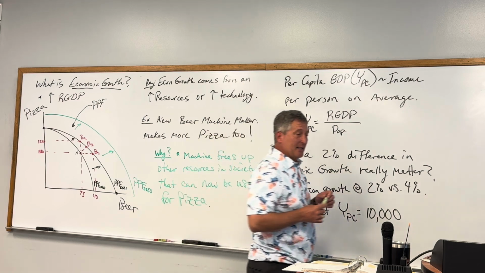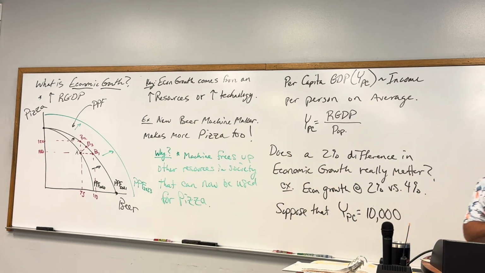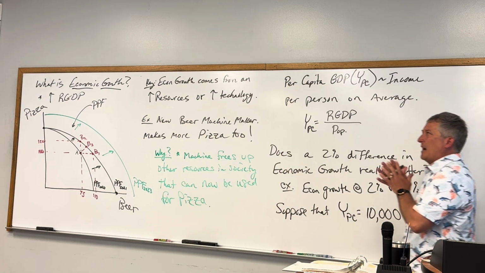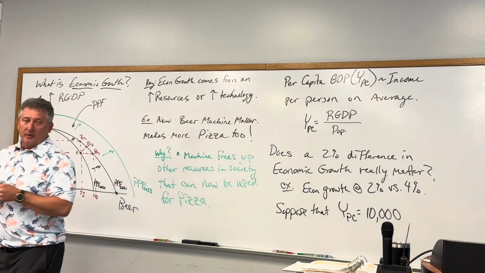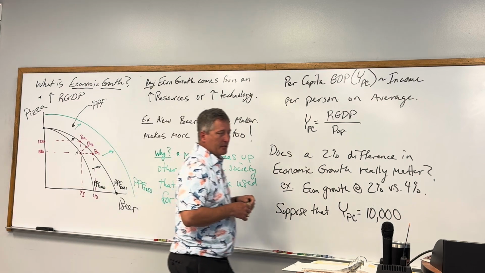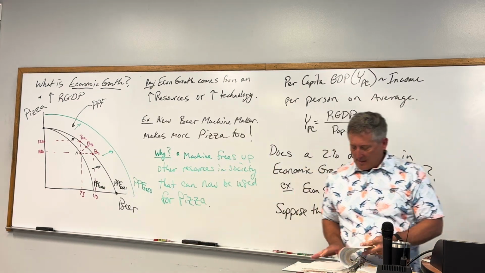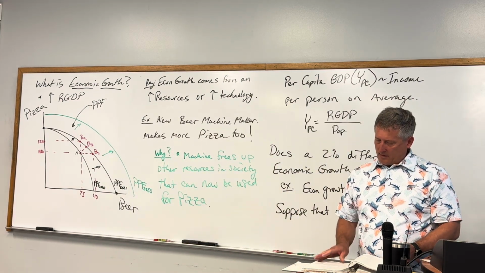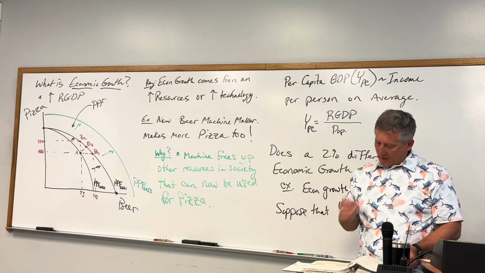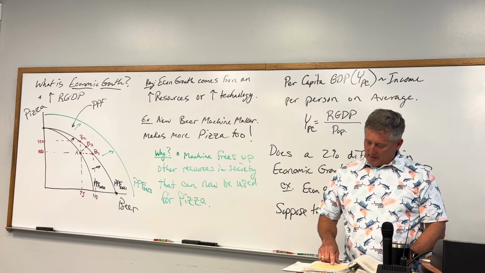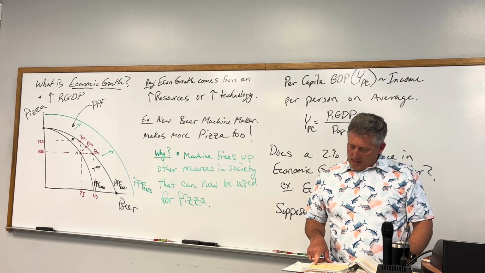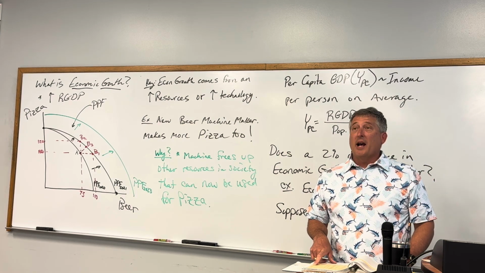Which is about what it is in China, by the way, right now. China and India, they might be a little higher than that, 14,000 or something, but in other places around the world, we do have 10,000. In fact, one of these. Yeah, there it is. What's going on in the Ukraine right now?